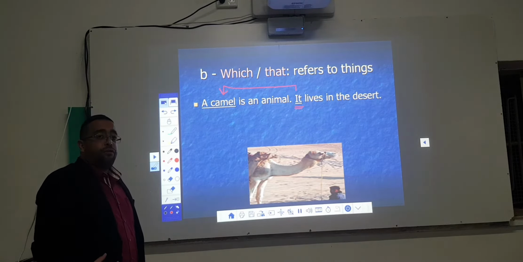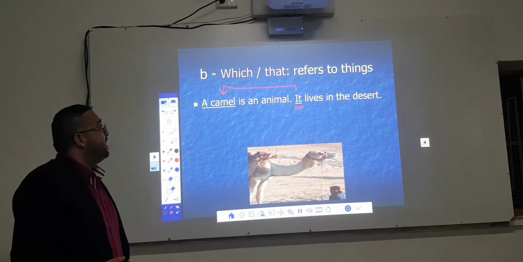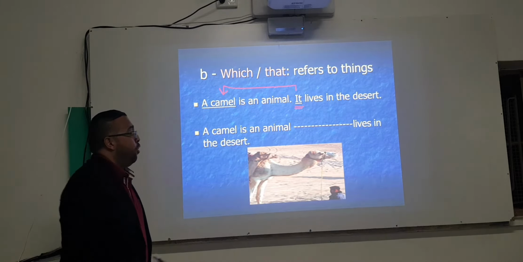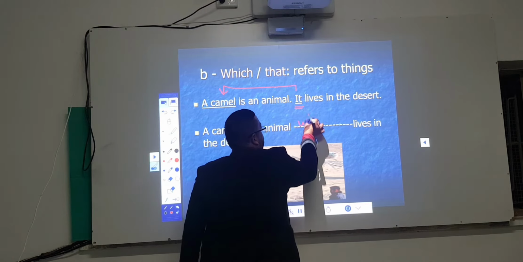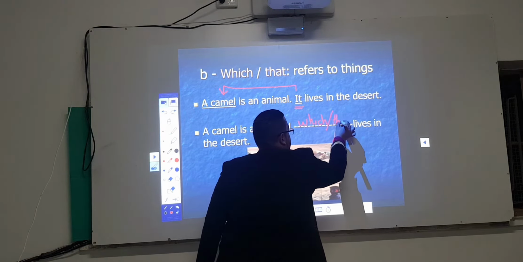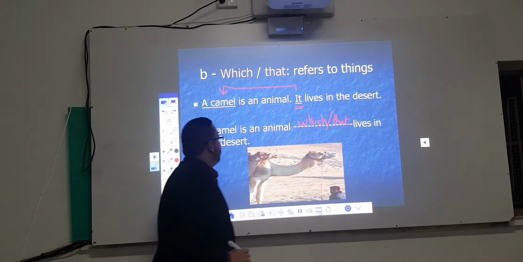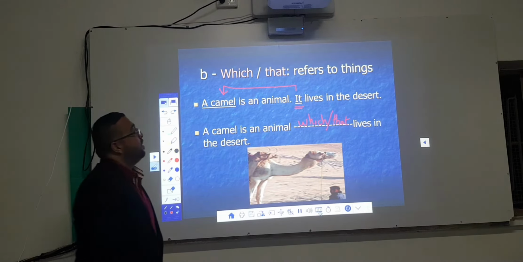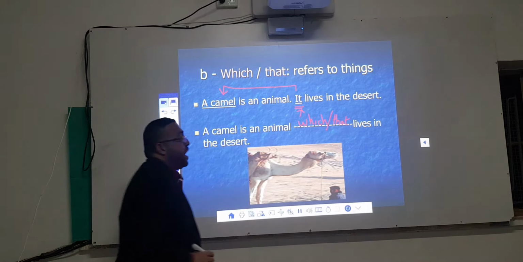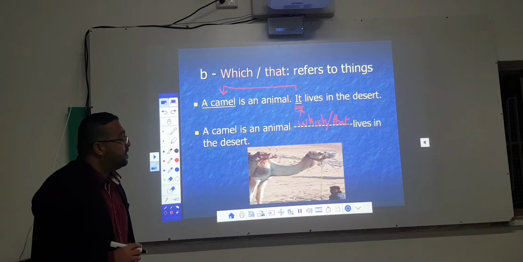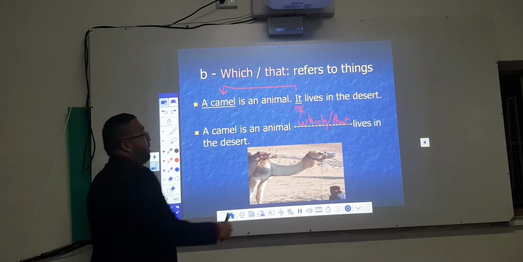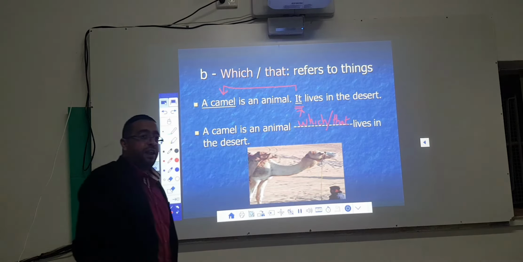And if we want to form a meaningful sentence, the answer is: a camel is an animal which or that lives in the desert. We use which or that instead of the pronoun it, and we call it a subject relative clause because the pronoun here is a subject.